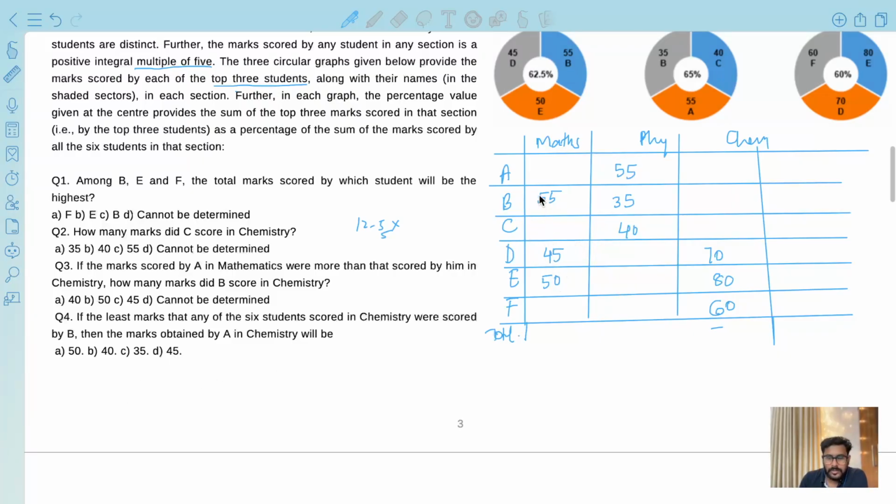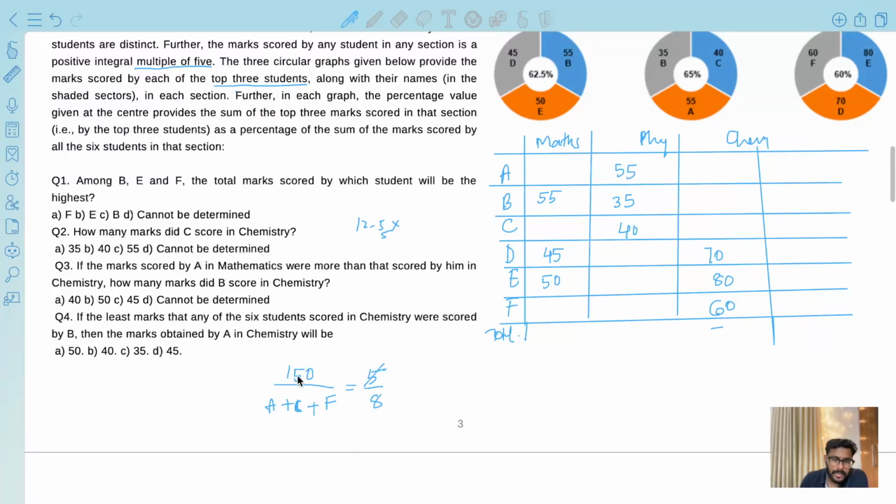So this is 50, 100, and 150, divided by the sum of A plus C plus F, equal to 62.5 percent. That is 5 by 8.